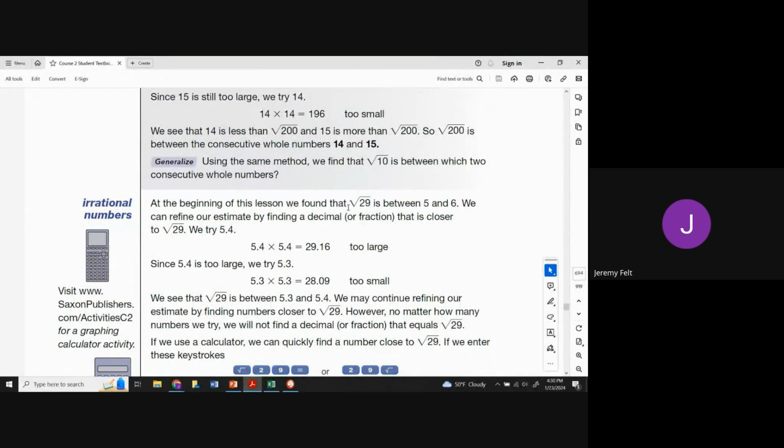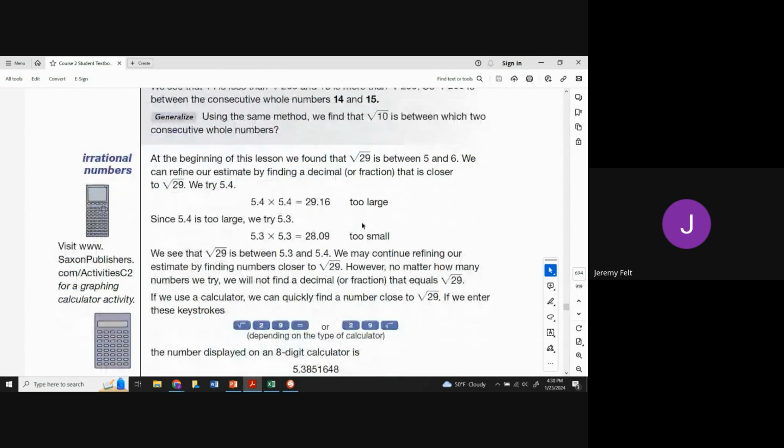And again, back to the square root of 29 example, 5.4 squared is 29.16, so a little bit over, and 5.3 squared is 28.09. There's no number we can put in because it's irrational, meaning we would have to do an infinite decimal and then square it to get 29. So we can get really, really close, but we're not going to be able to get it.